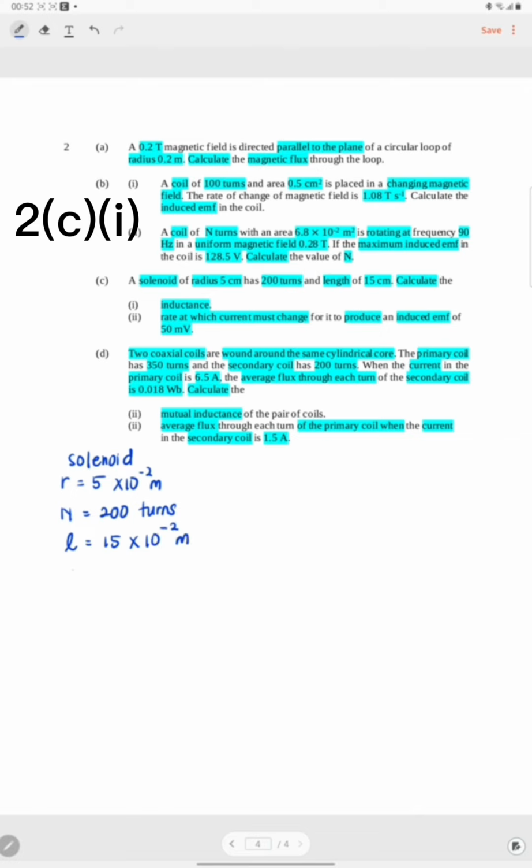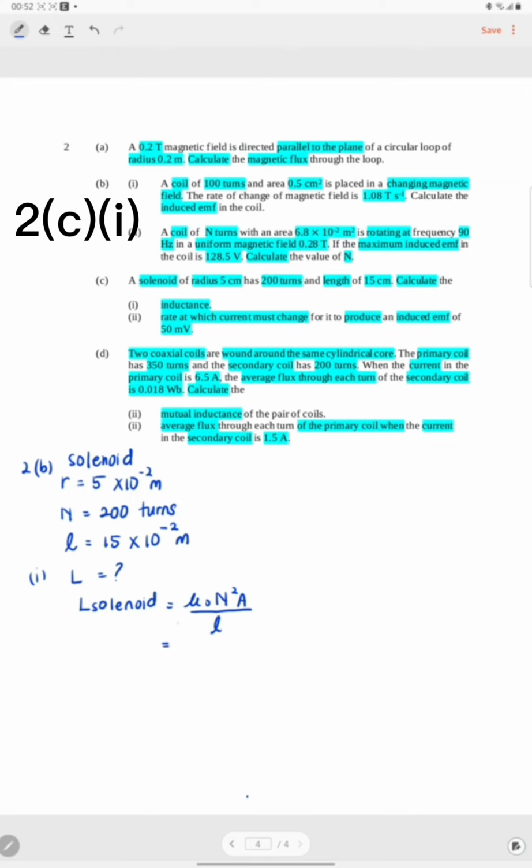We need to calculate the inductance. So this is similar to 2B. To calculate L solenoid, we need to use the formula L solenoid equals mu naught n squared A divided by l.